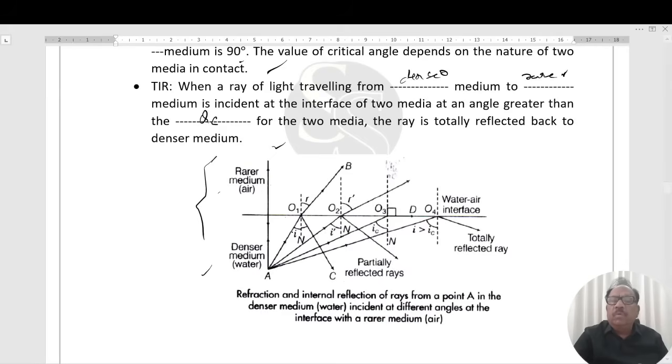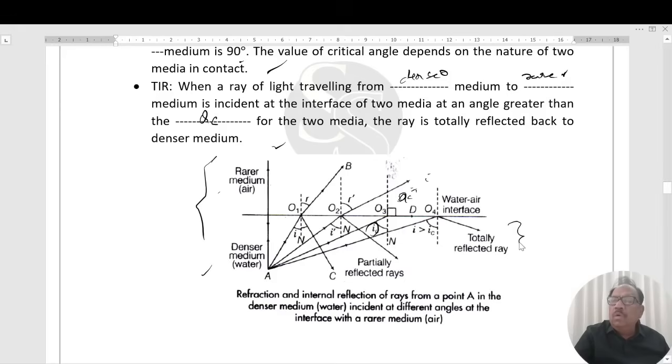A ray of light is passing from the denser to the rare medium. As we increase the angle of incidence, a stage is reached where the angle of incidence equals theta c and the angle of refraction becomes 90 degrees. If the angle of incidence is more than the critical angle, the ray will not pass into the other medium, it will come back into the same medium.